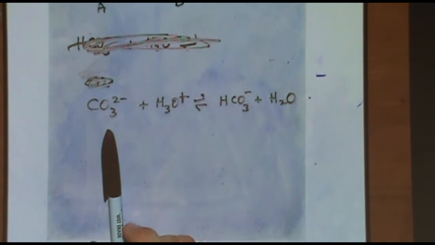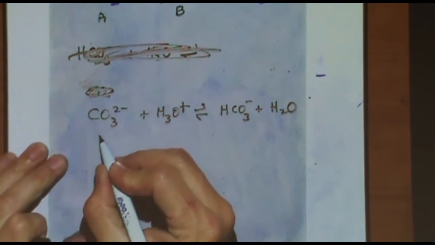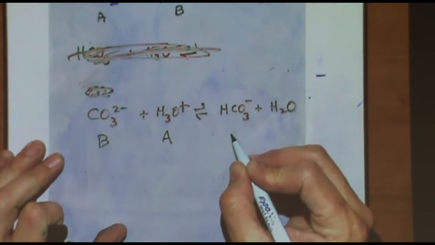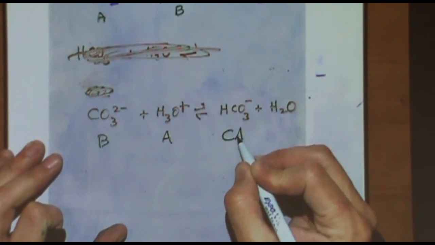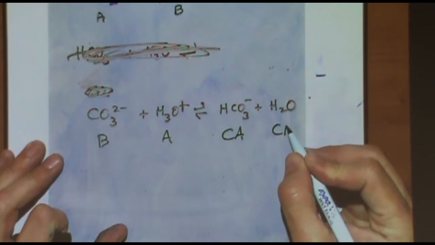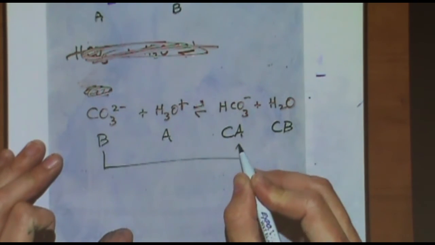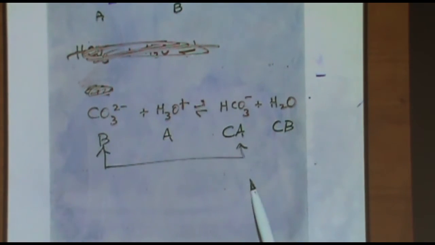Acid or base? Yeah, so the base, the acid, the conjugate acid, and the conjugate base. Look at this pair here. Sometimes it's hard to tell, especially with a polyprotic, which one's the acid, which one's the base, because they both have a negative charge.